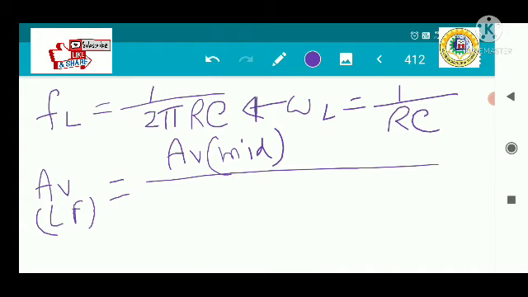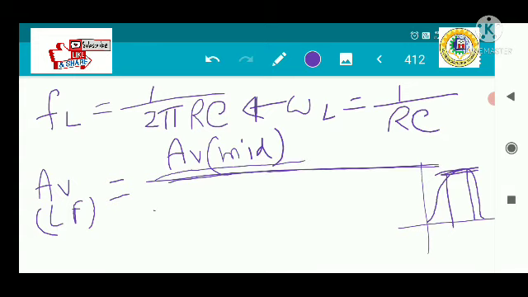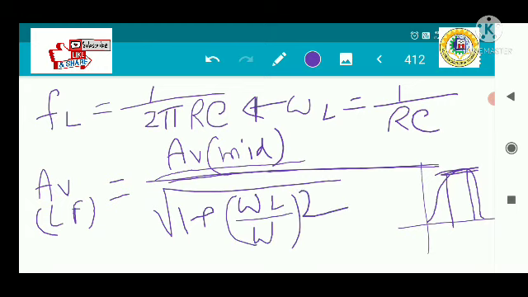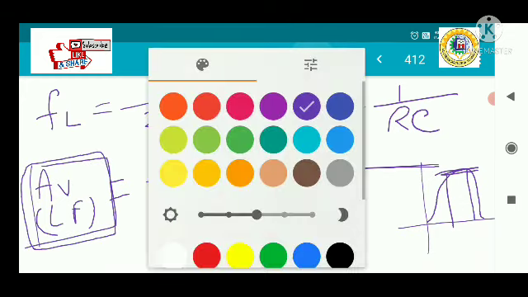So in the transistor, the mid frequency gain is maximum, because whenever you study the transistor characteristics, this will be your mid frequency gain. This gain is highest, so the voltage gain at the low frequency is represented by the voltage gain at mid frequency divided by 1 plus omega L divided by omega, whole square.